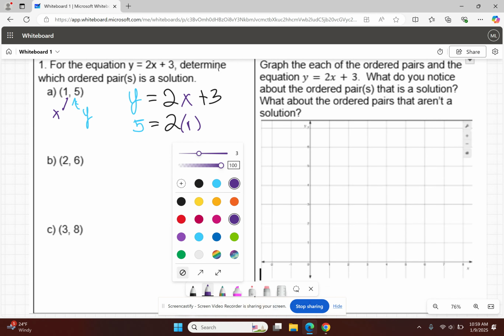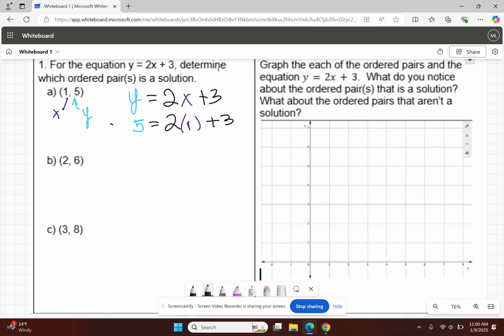Notice I wrote down a multiplication symbol. That's because when a letter, a variable in this case, is next to a number, that means multiplication. So that's why I wrote 2 times 1 plus 3. When we're checking to see if this ordered pair is a solution of the equation, we want to see: is this mathematical statement 5 equal to 2 times 1 plus 3 true?